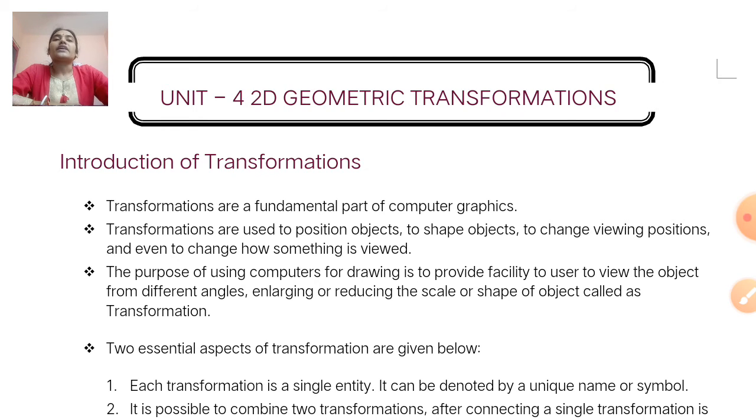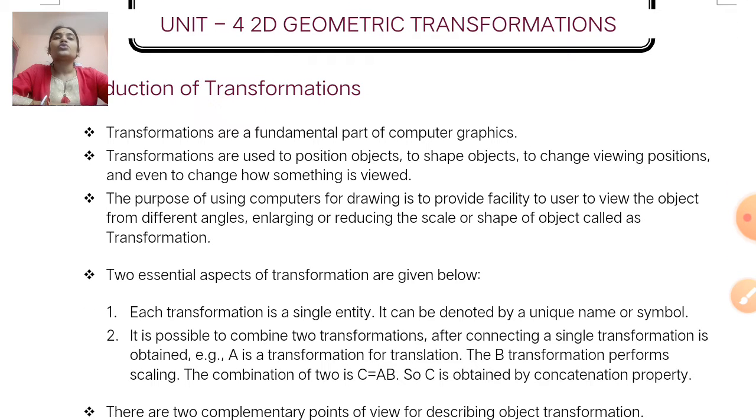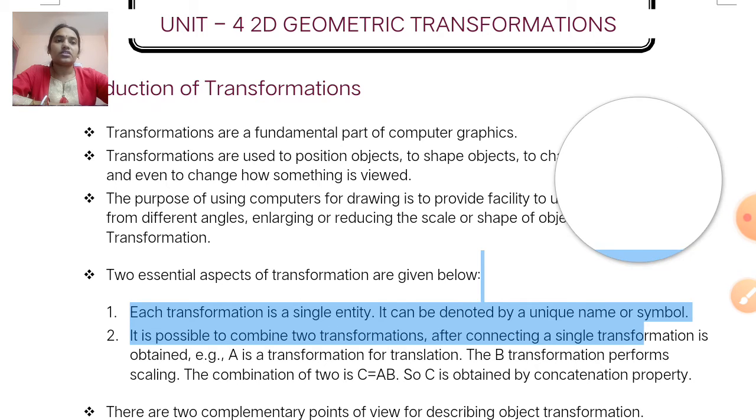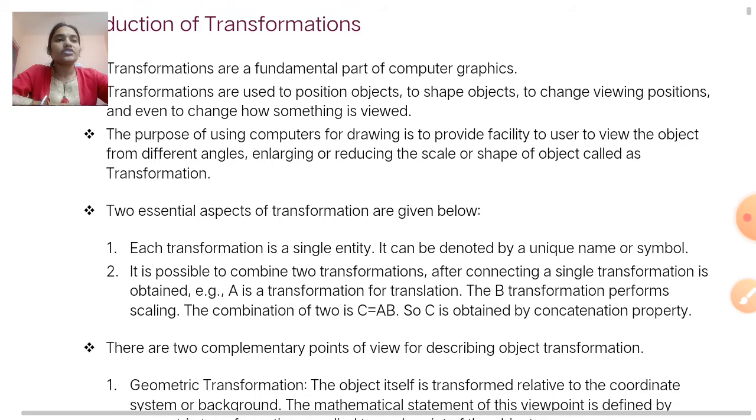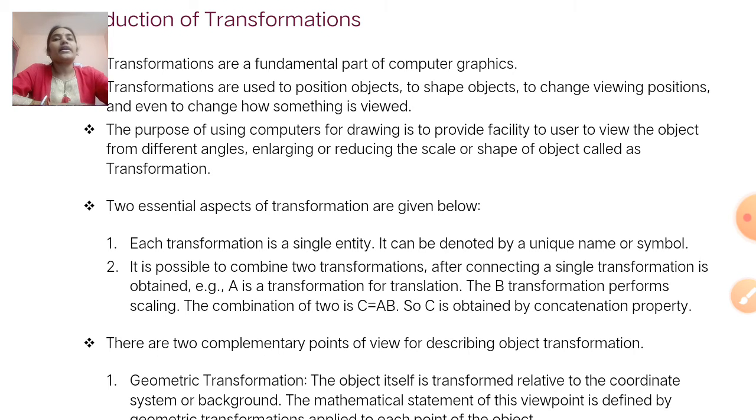Transformations are a fundamental part of computer graphics. Transformations are used to position objects, to shape objects, to change viewing position, and even to change how something is viewed.